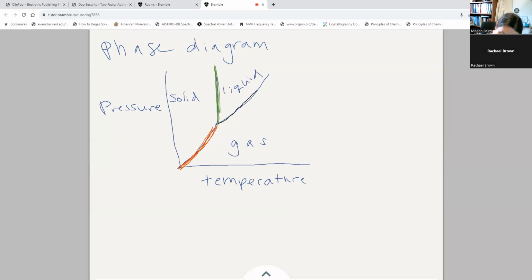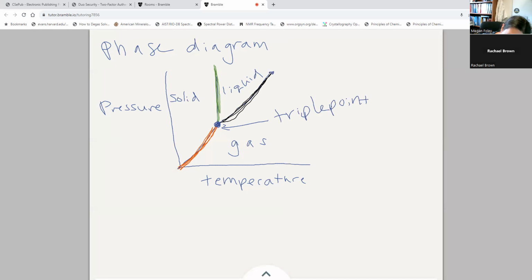And then this one right here represents our equilibrium between our liquid and our gas. This point right here is called our triple point. And at that specific temperature and pressure, we have all three of our states in equilibrium.